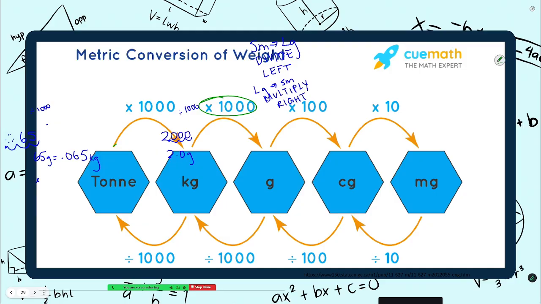The other way it can be written, like we had with our other version, we had ton, kilogram, gram, centigram, milligram.